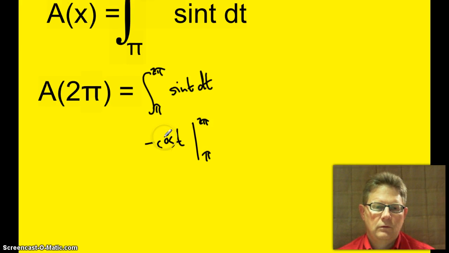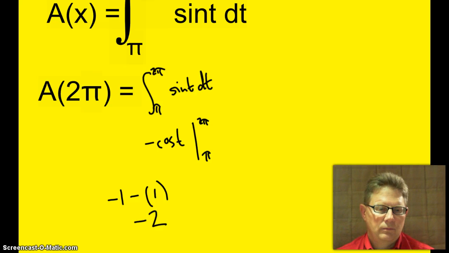Alright, so cosine of 2 pi is 1, so that would be -1. Subtract. Okay, cosine of pi is -1, but this is a negative, so that would be 1. So that would be -2.